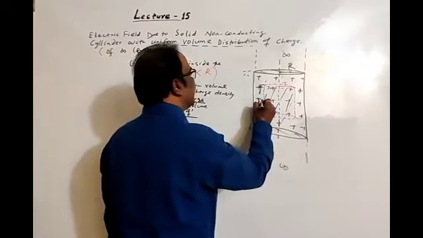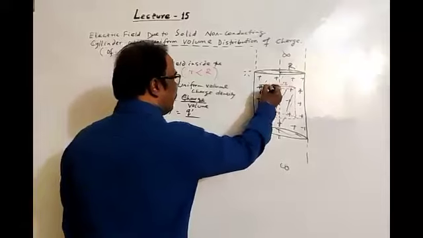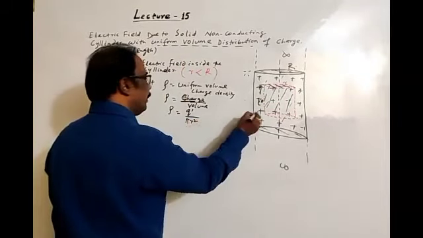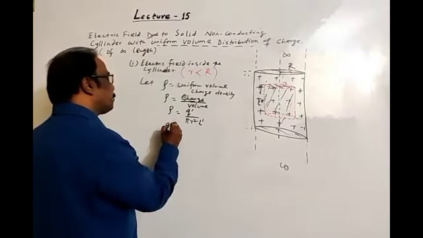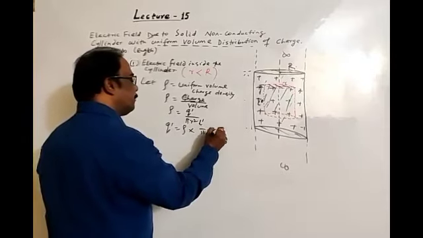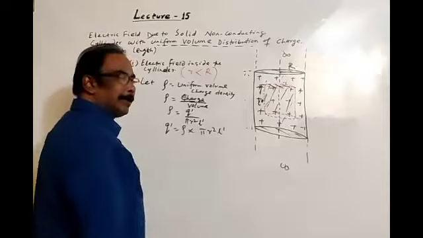Then volume is the area of cross section pi r square into length L dash. Then charge q dash is equal to rho into pi r square into the length of this imaginary Gaussian surface.